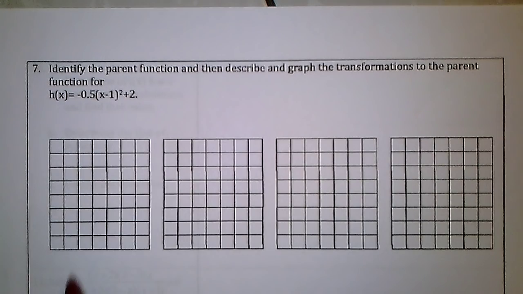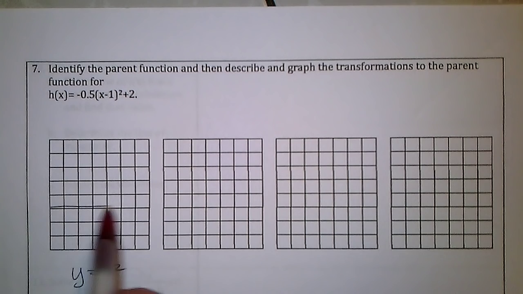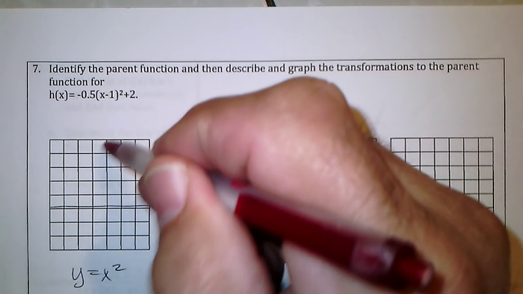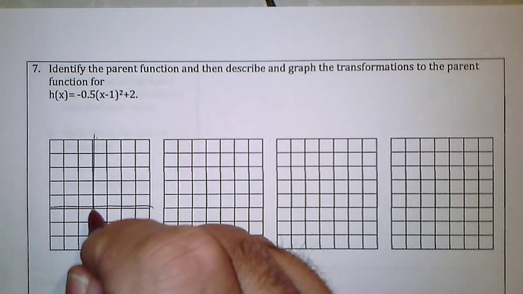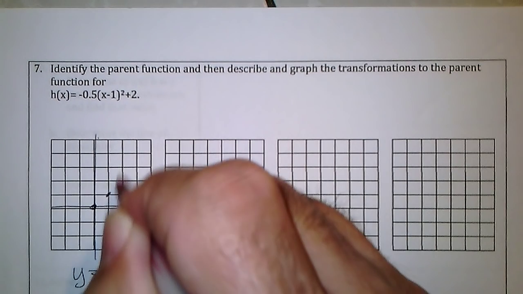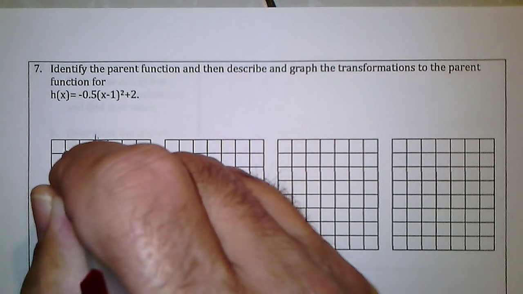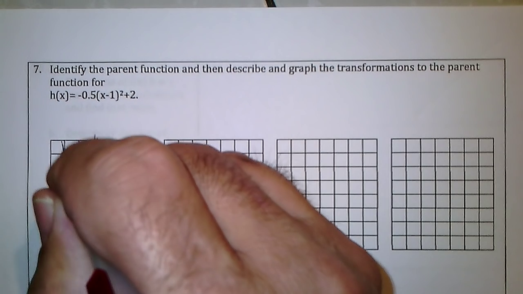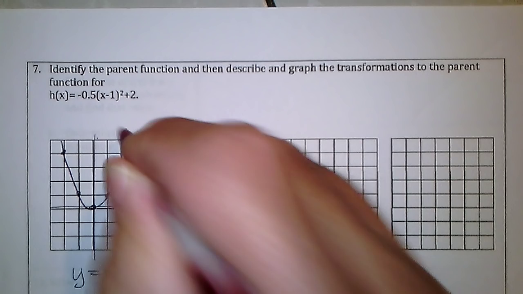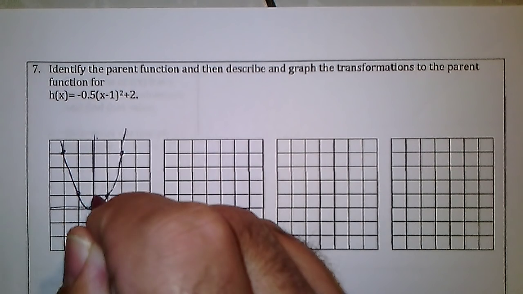Parent function looks like y equals x squared, so I'm going to draw that. And we did 0, 1, 1, 2, 1, 2, 3, 4 units on my graph.